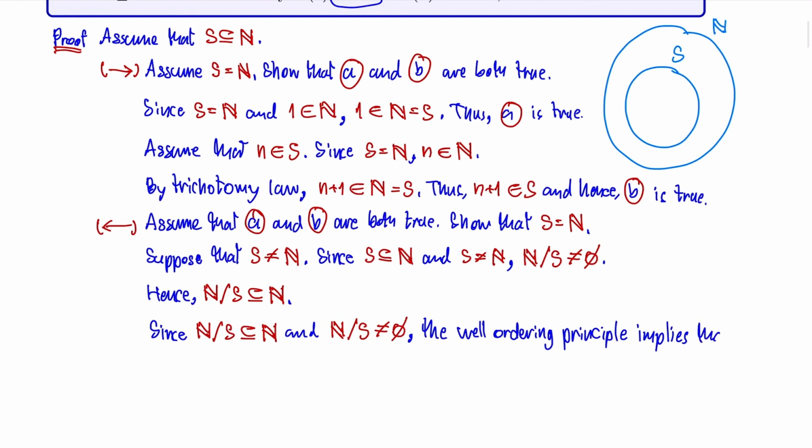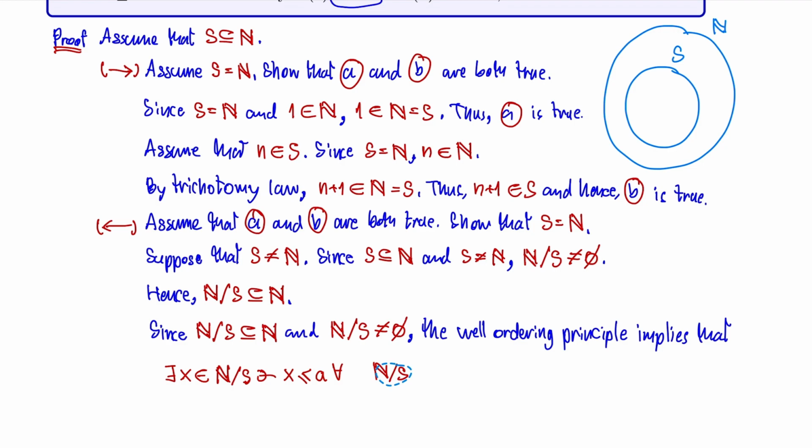It implies that this set has a minimum element. Okay, let's say that this minimum element is x. When x is a minimum element, what does it mean? It means that it must be less than or equal to all elements in the subset of N. In this case, it is the set of natural numbers excluding set S.